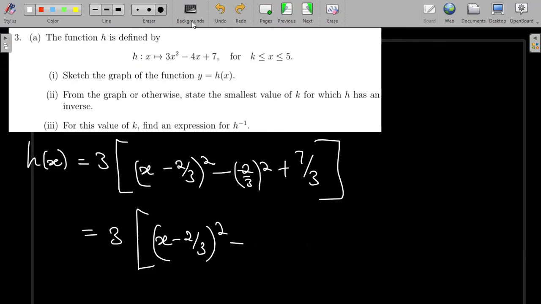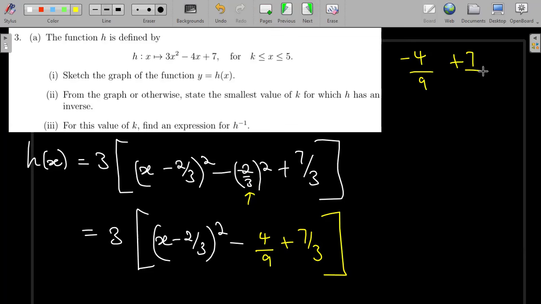So let's look at this. Here we have a -2/3 in these brackets, right? So when I square the -2, I'll get 4. When I square the 3, I get 9. Okay, so I almost made a mistake there, and then plus 7/3. Okay, so now we can combine this. So that is -4/9, and then plus 7/3.